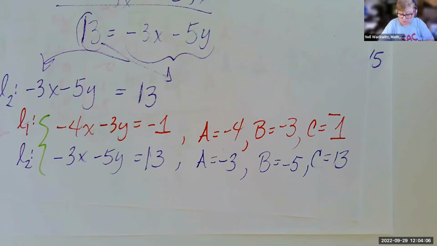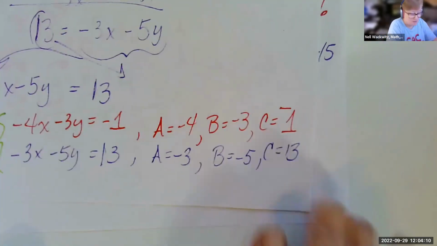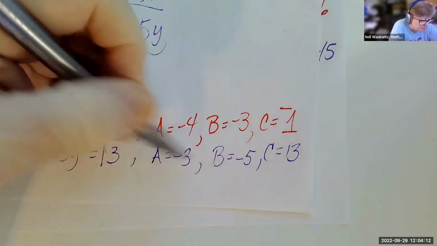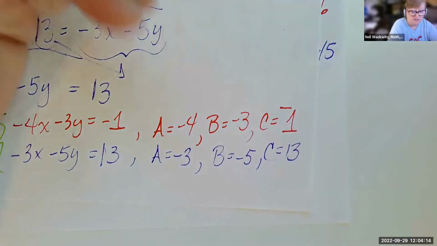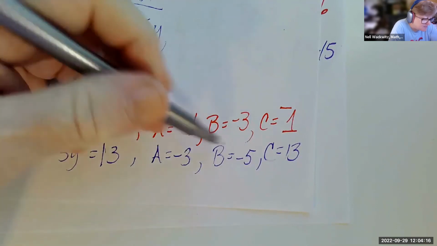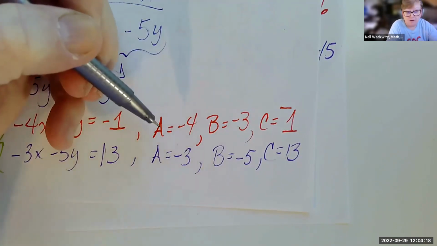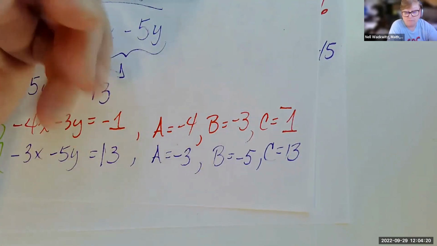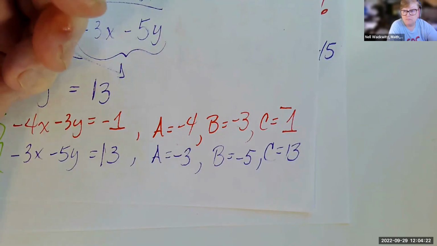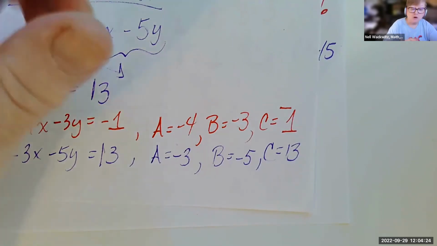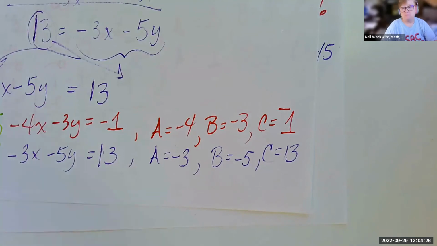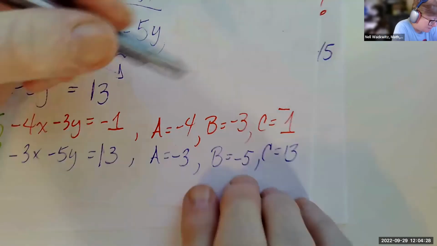So it's cool. What to do? Because look at the A's. The C's don't count at this step. When we look at the A's, we have to do something to the equations.